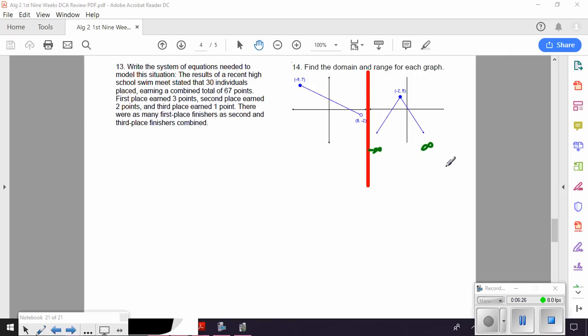So we would say the domain is negative infinity to positive infinity. In inequality notation, you would say negative infinity less than x less than infinity. Or in words, this would say all or any real number. I'm just preparing you for anything you might see.